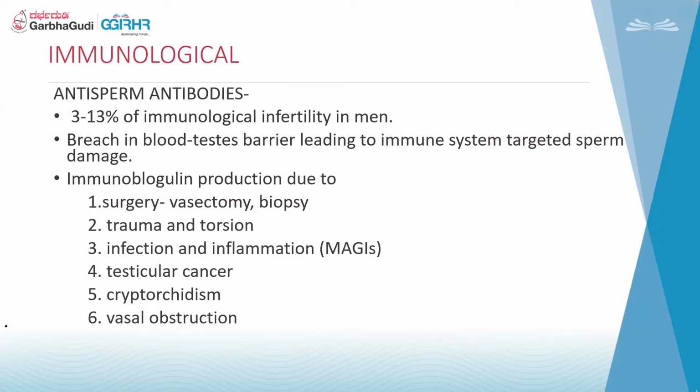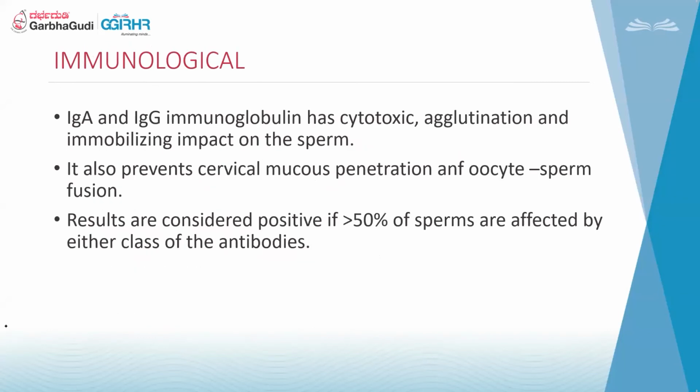So the causes that lead to a breach in the blood testis barrier are any surgery like vasectomy or biopsy, trauma, torsion, infection, inflammation, or testicular cancer. If the blood testicular barrier is breached, the immune system is exposed to the sperm, which it treats as a foreign object, and immunoglobulin is produced.